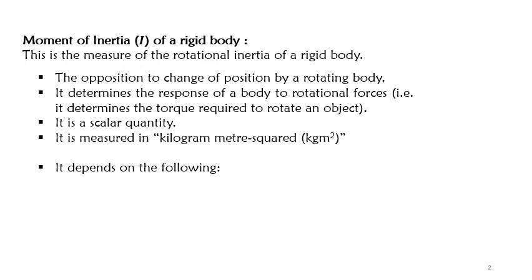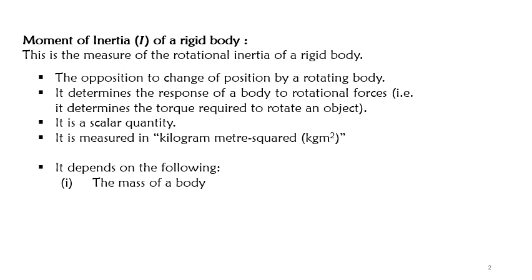And moment of inertia depends on the following. One, the mass of a body. If we have two, three, four bodies with different masses, then their moment of inertia will differ.